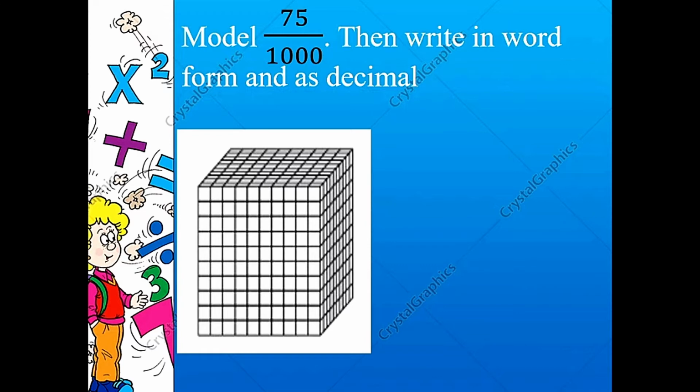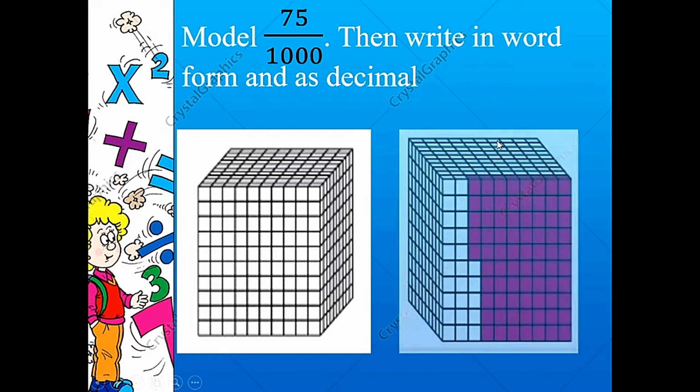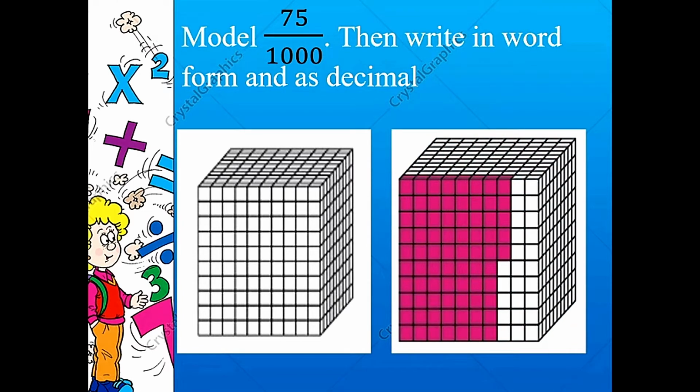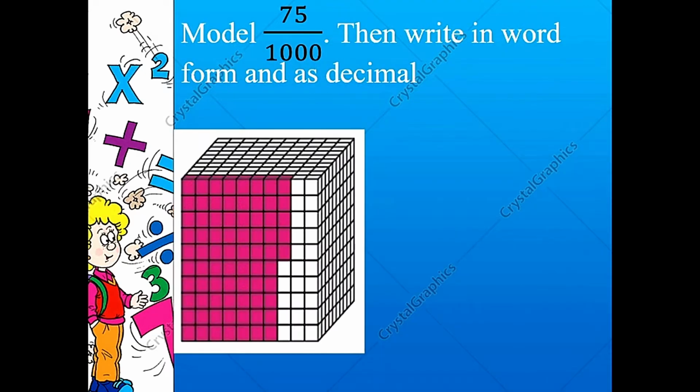Model 75 over 1000. Now this is our fraction. Our numerator is 75 and our denominator is 1000. Then write in word form and as a decimal. To model 75 over 1000, we are asked to shade 75 small cubes, and it looks like this. After shading 75 small cubes out of 1000, we will write in word form.